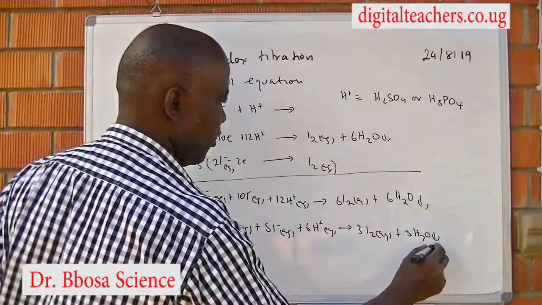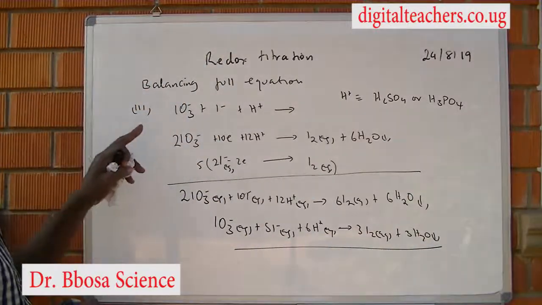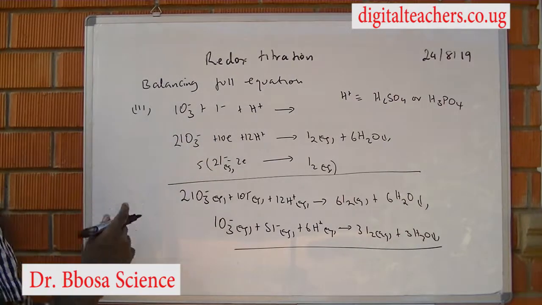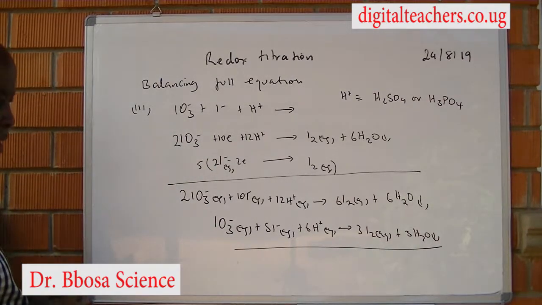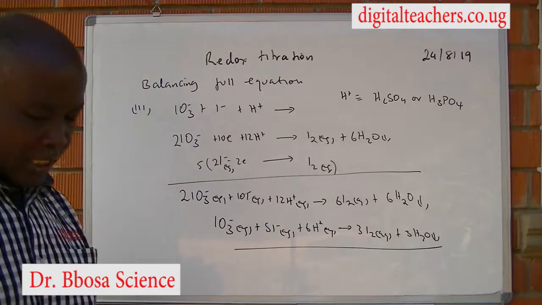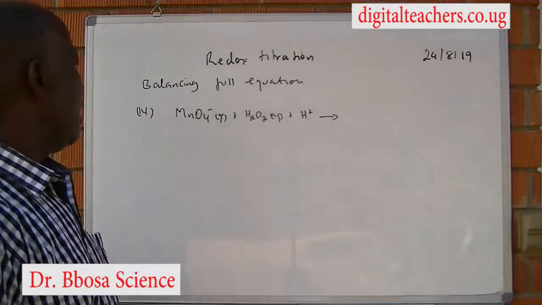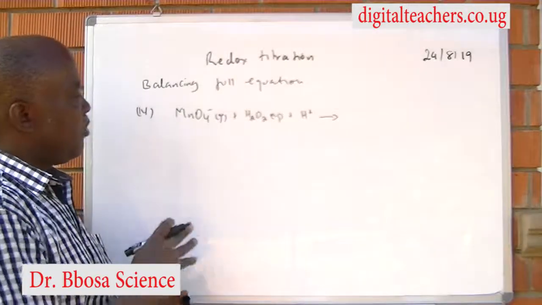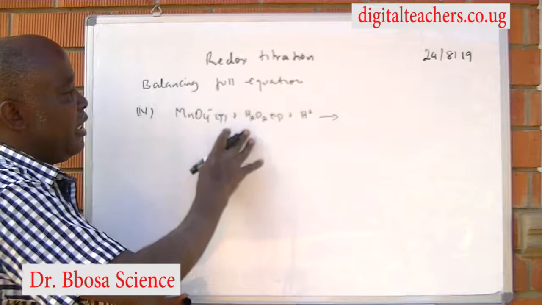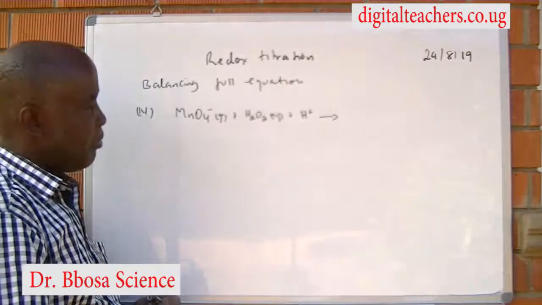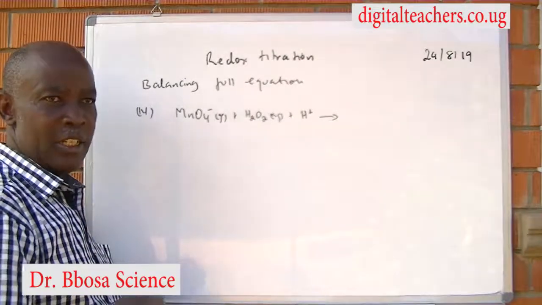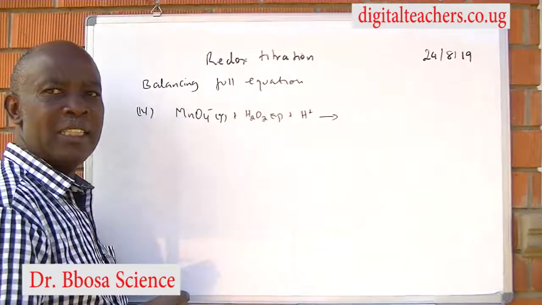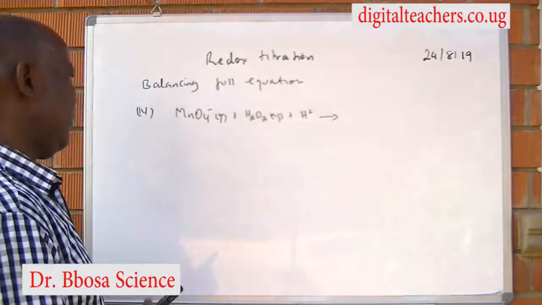So this is the overall equation between iodide ions and iodate ions in presence of an acid. 4. You may be required to write a full equation between permanganate 7 and hydrogen peroxide in the presence of an acid. You can pause, write a full equation, then you compare your answer with mine.